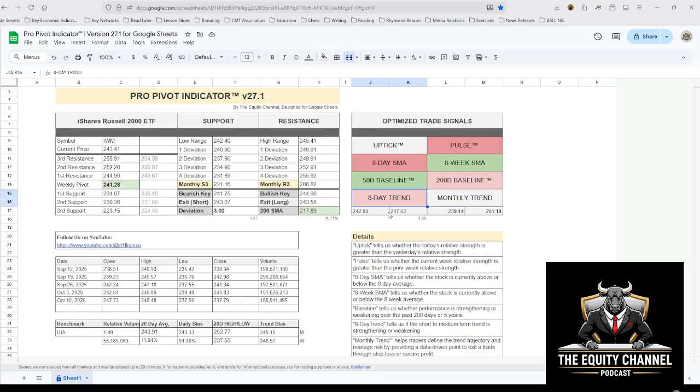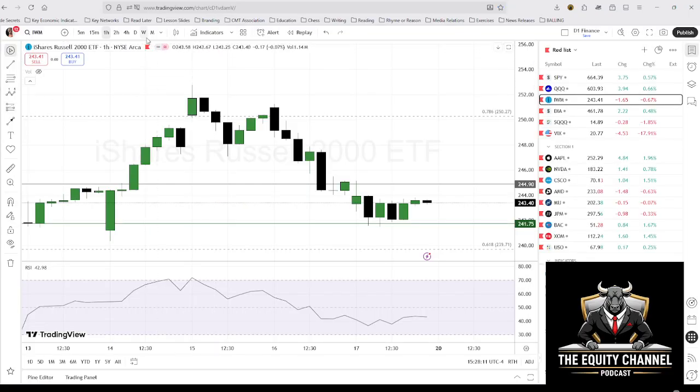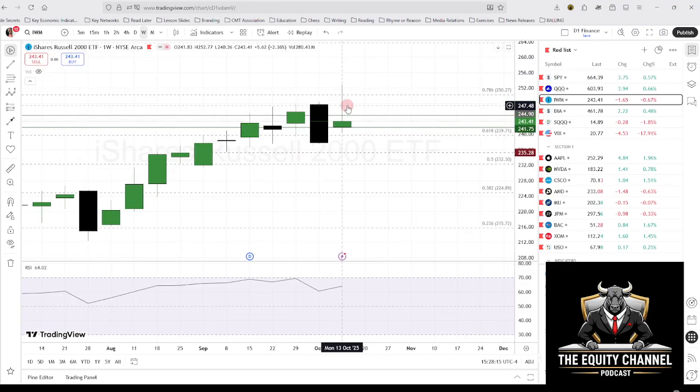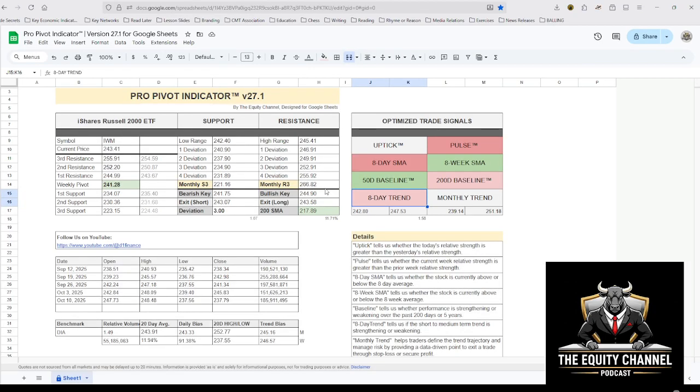Now, other confirmations include weekly closes. This is also going to be important. So a weekly close above or below the monthly trend would have been really great.